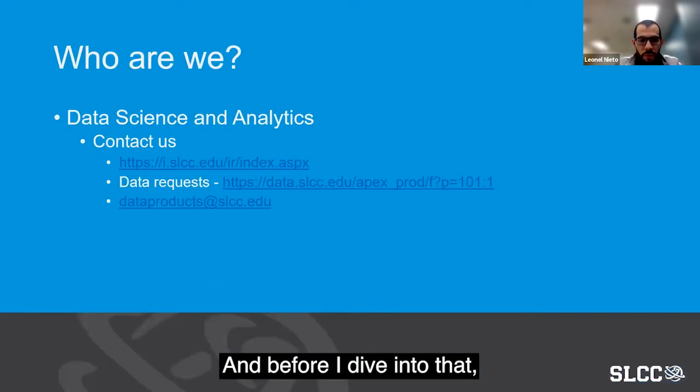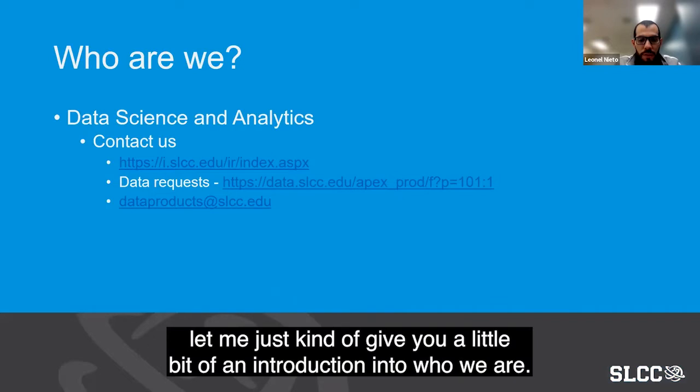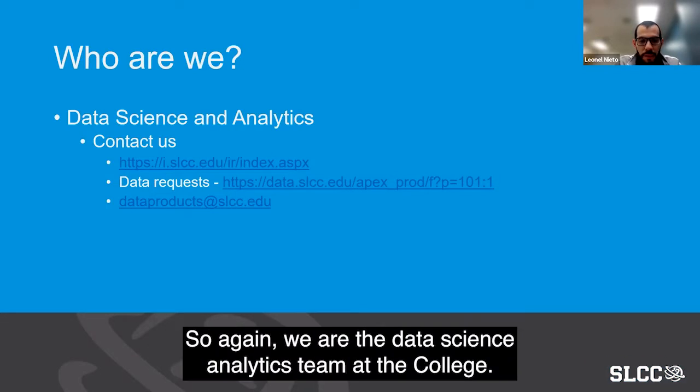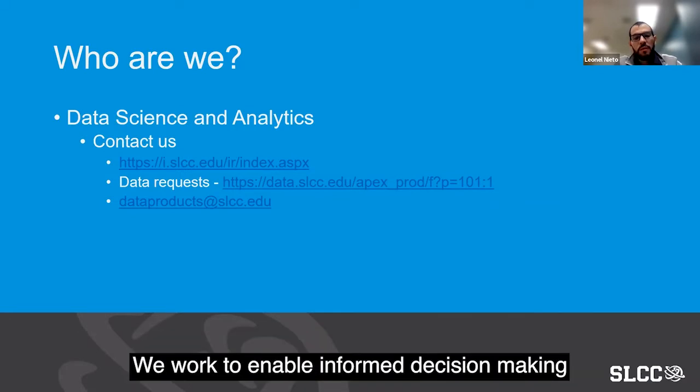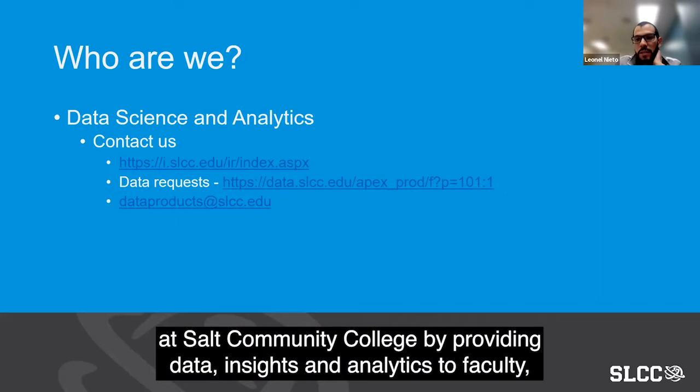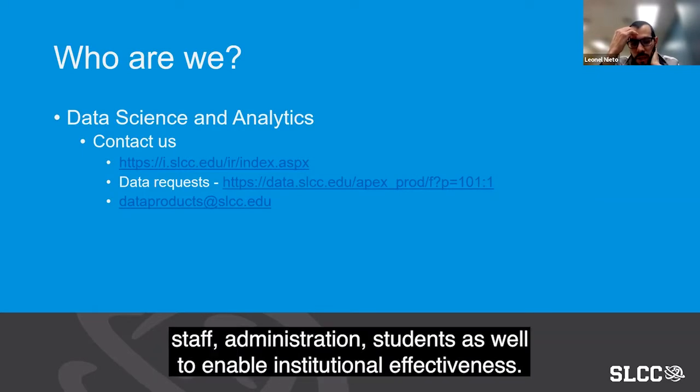Before I dive into that, let me give you a little bit of an introduction into who we are. We are the Data Science and Analytics team at the college. We were formerly known as institutional research. We work to enable informed decision-making at Solid Community College by providing data, insights, and analytics to faculty, staff, administration, and students as well, to enable institutional effectiveness.